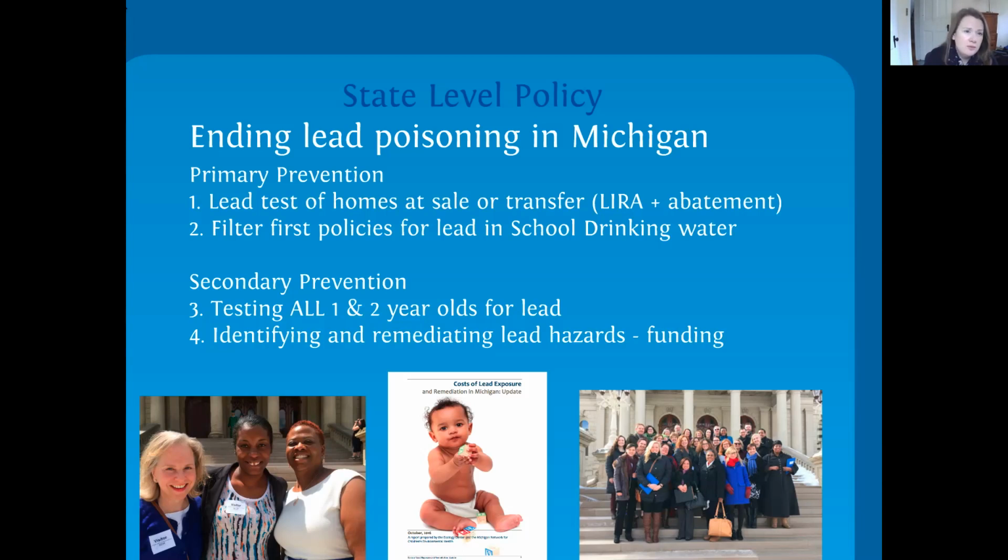This is incredibly important, and we'll talk more about this as we go through the program, because when lead sticks around in the pipes and the infrastructure within buildings for long periods of time without moving, the corrosion chemicals that are added to the water to protect folks from lead coming out of the pipes actually break down.